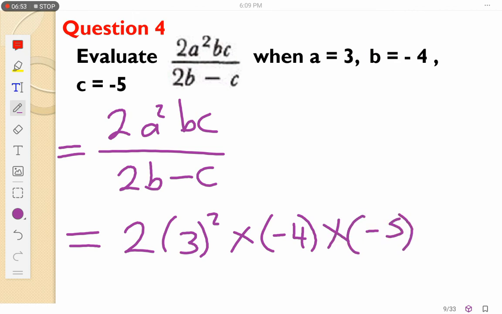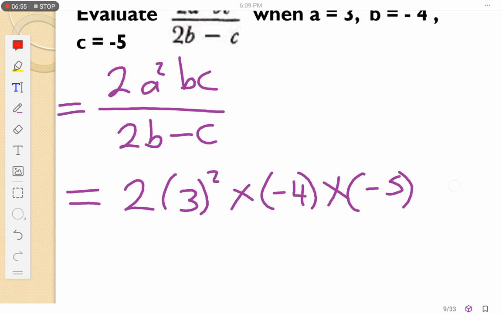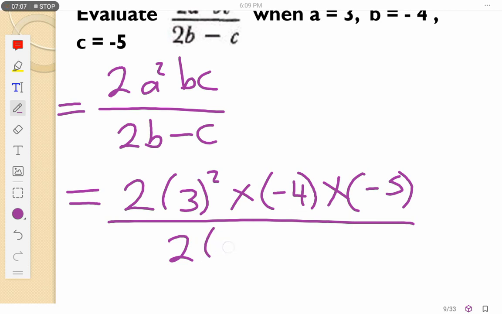Then this is all over 2 by b, our b is minus 4, minus c, which is our minus 5. Let's simplify and see what we get.